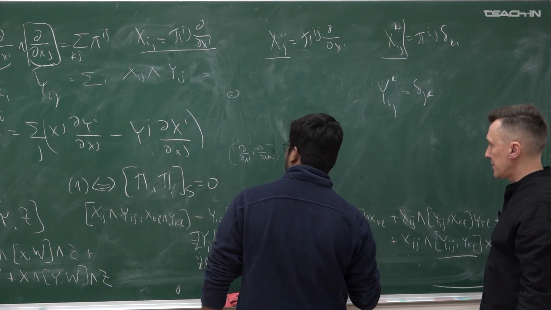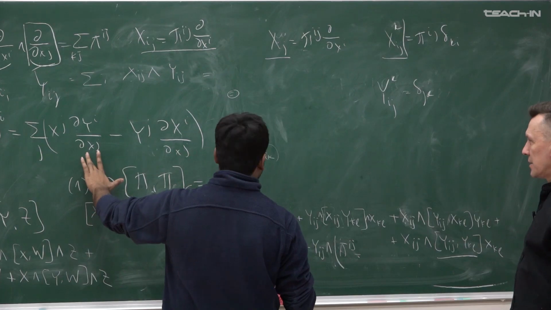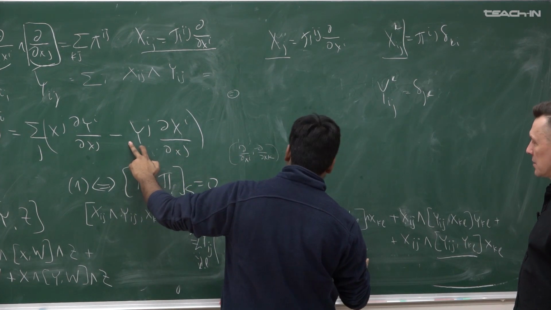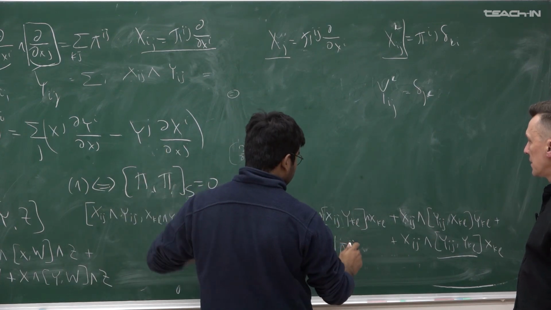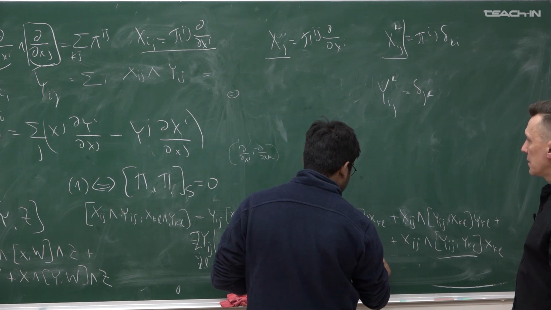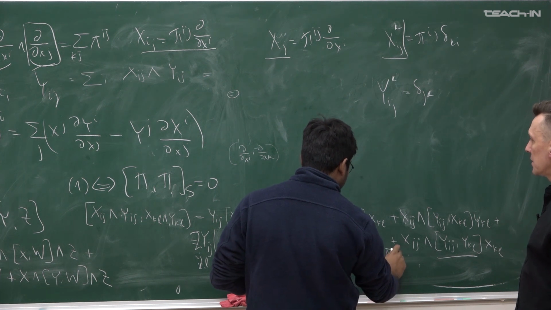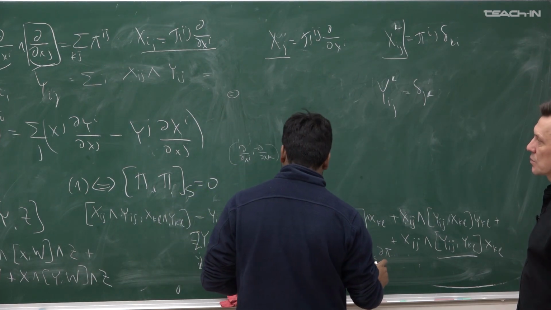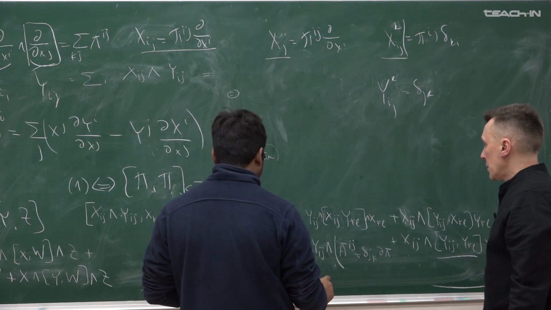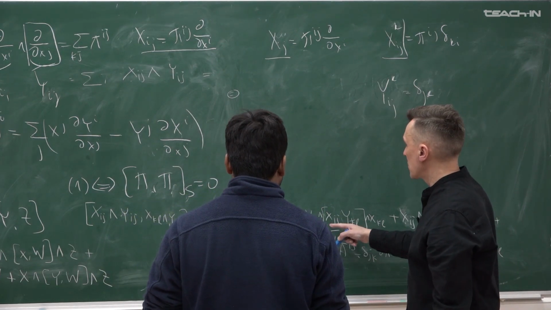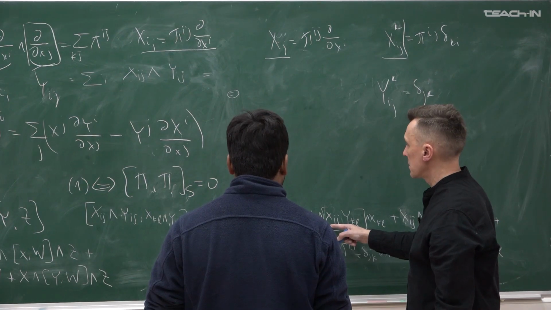Yes, so no minus, because this will not appear here. And so minus y, this is just this delta, right? Am I right? x ij. Just a moment. x. You have to write the k-th coordinate of this.